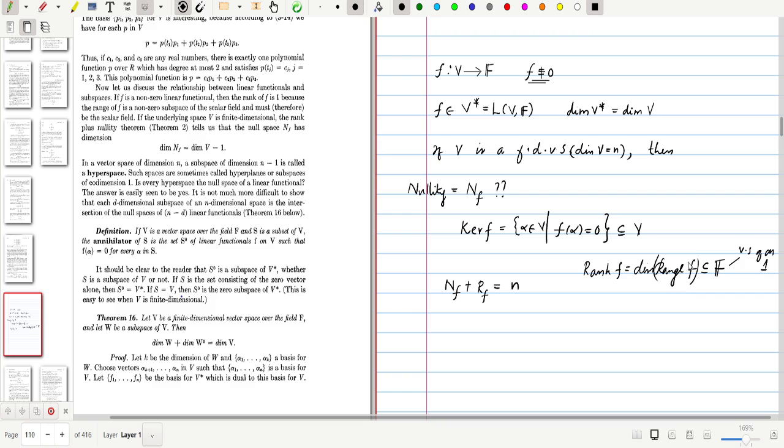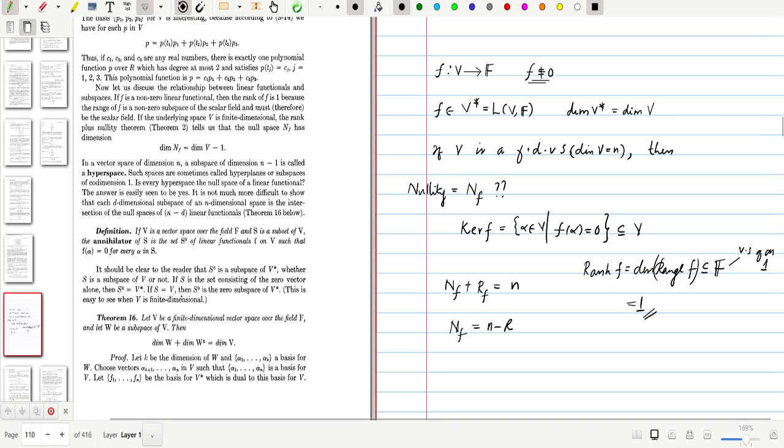Then the dimension of the range of f is greater than or equal to 1, but the maximum possible dimension is 1, the dimension of F itself. So the rank of f is equal to 1. This implies that the nullity of f is equal to n minus the rank of f, that is n minus 1.